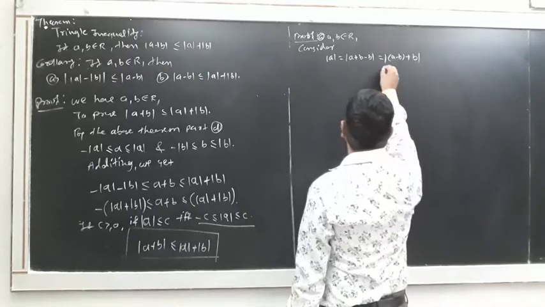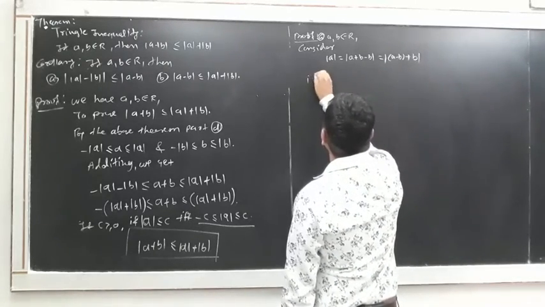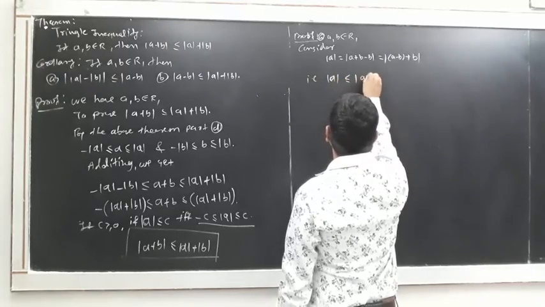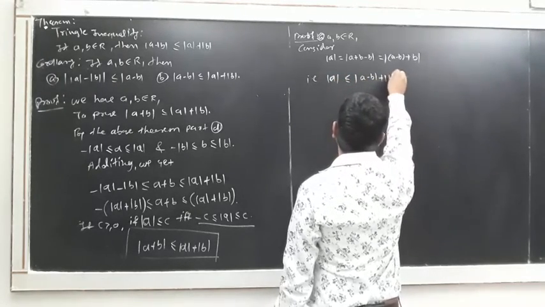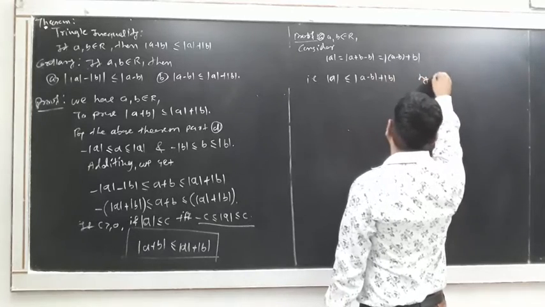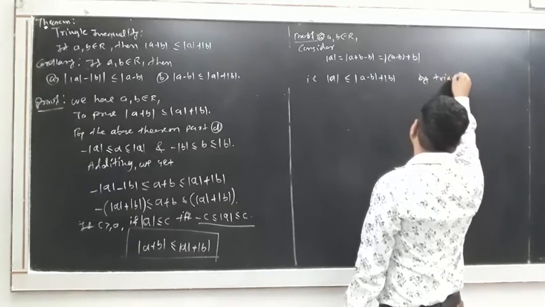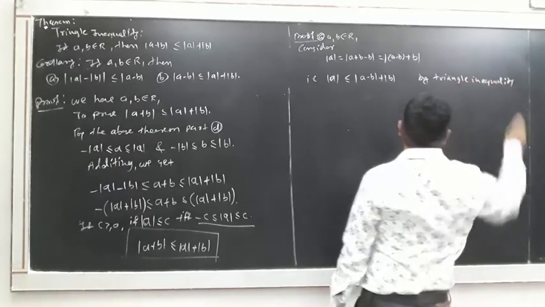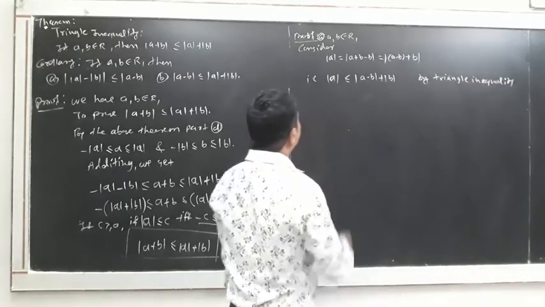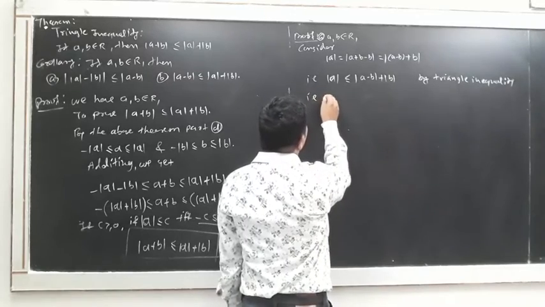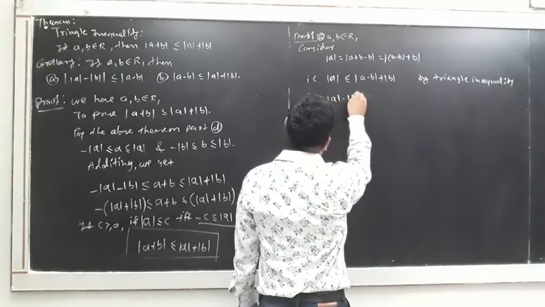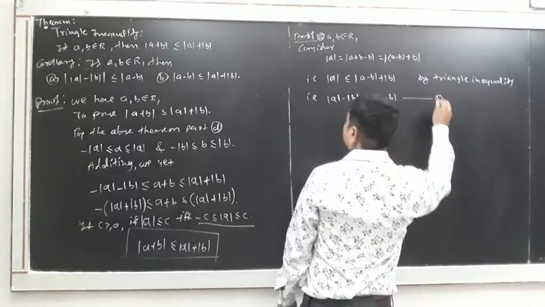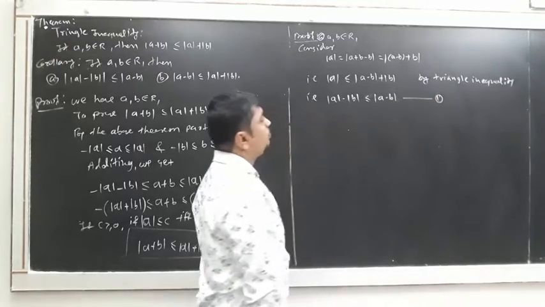By using the triangle inequality, we get |a| is less than or equal to |a - b| + |b|, and that is what we can write: |a| - |b| is less than or equal to |a - b|. Say this is equation number 1.